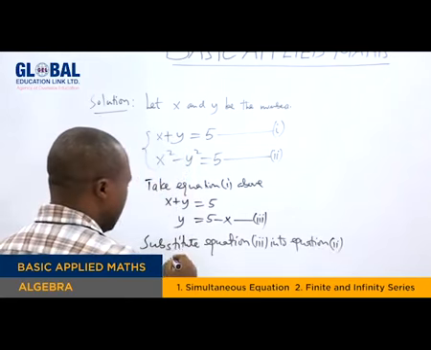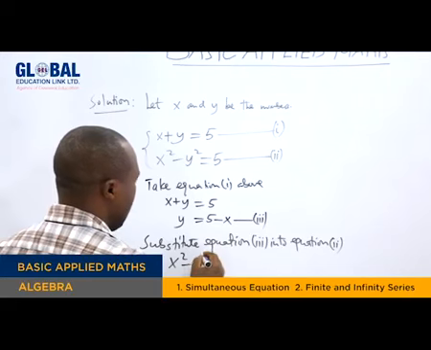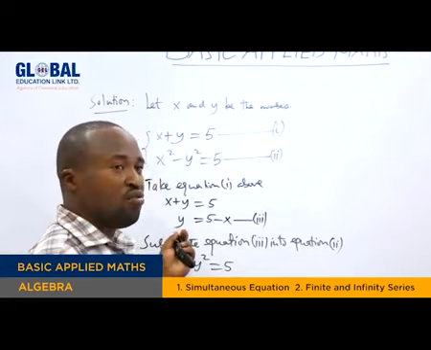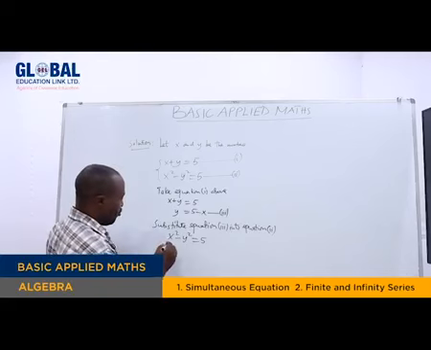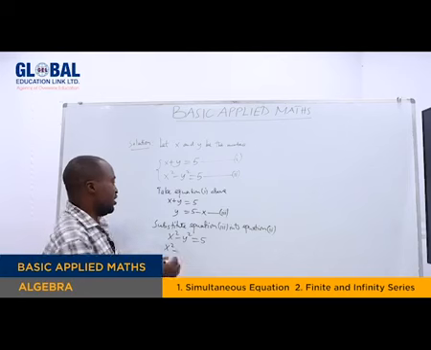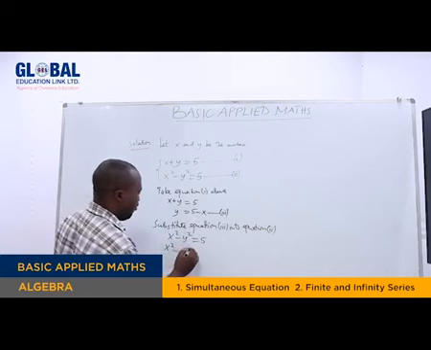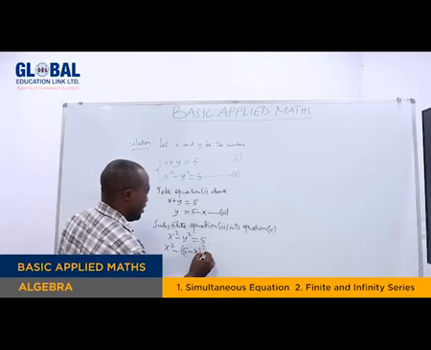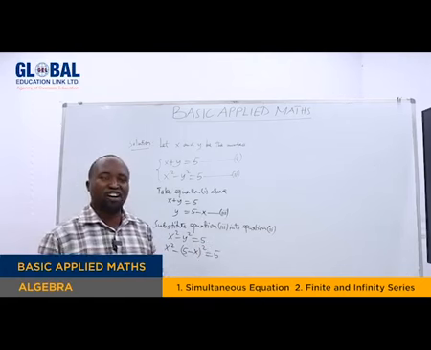Equation 2 says x squared minus y squared is equal to 5. So we substitute the value of y. So we are going to have x squared minus, so we have y squared, which is the same as 5 minus x squared, is equal to 5.